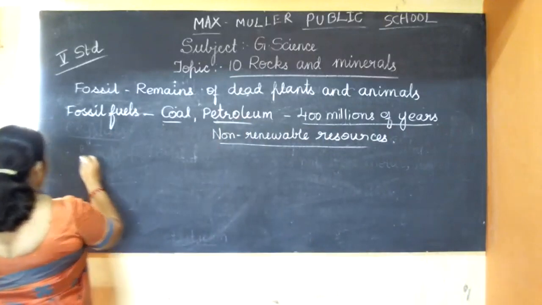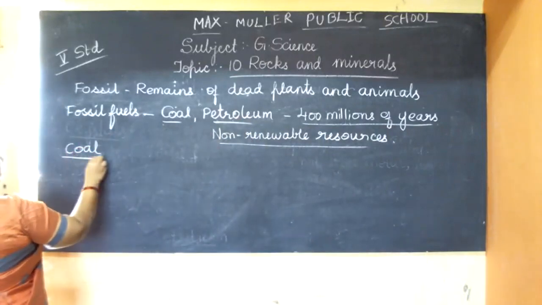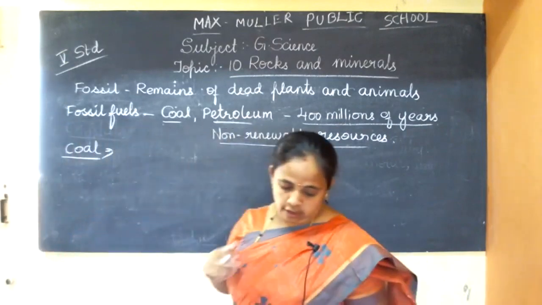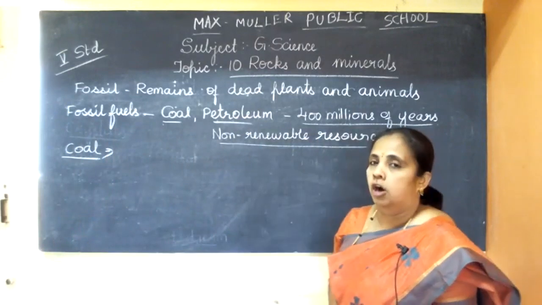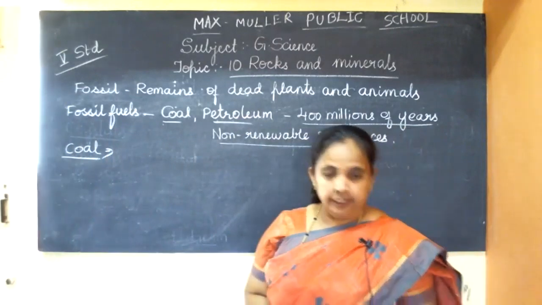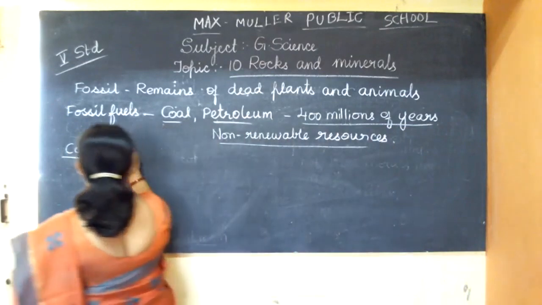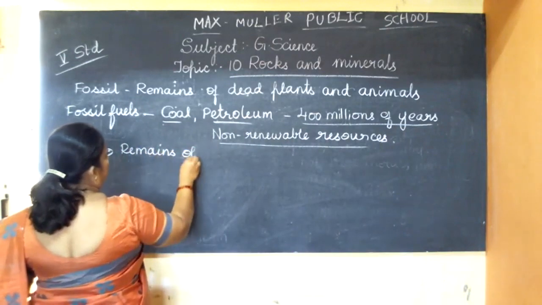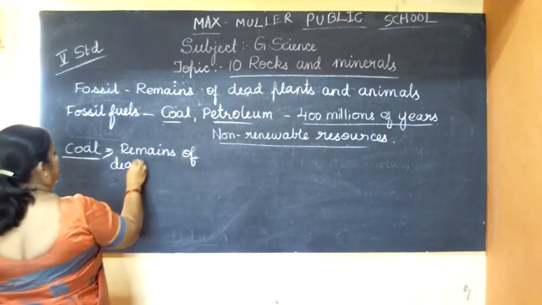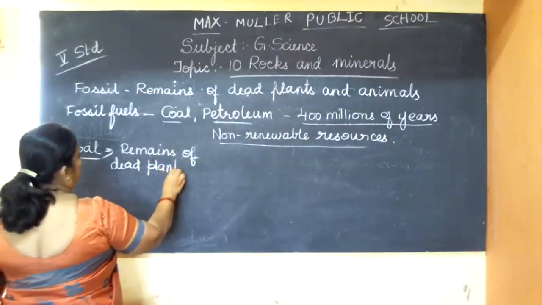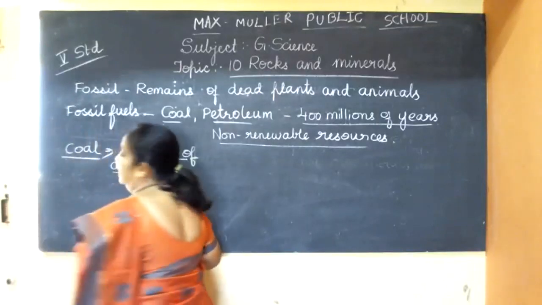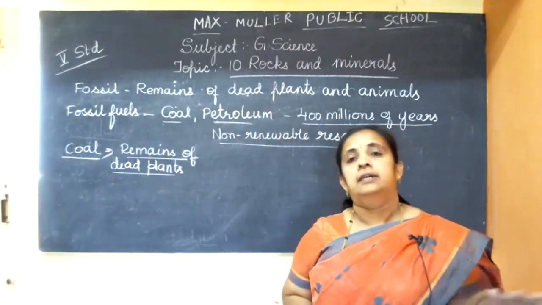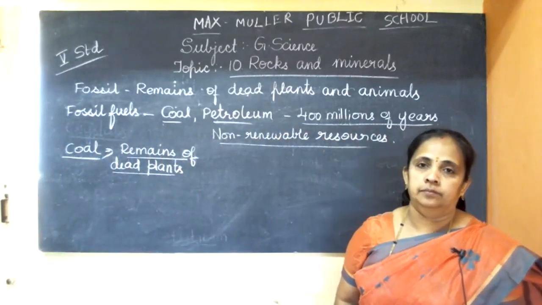Now, as I said, coal and petroleum are fossil fuels. We will study how they are formed. Coal is formed from the remains of dead plants. As plants die in water bodies, they settle at the bottom of the water beds.